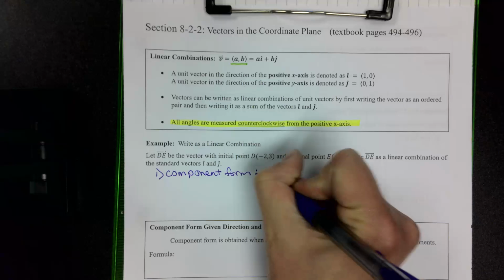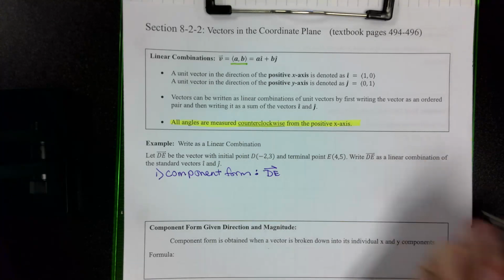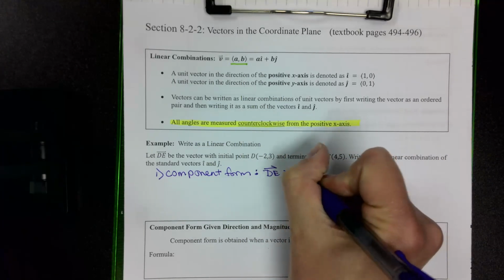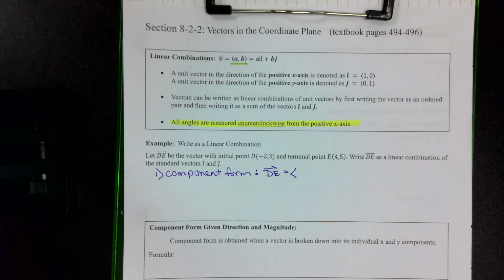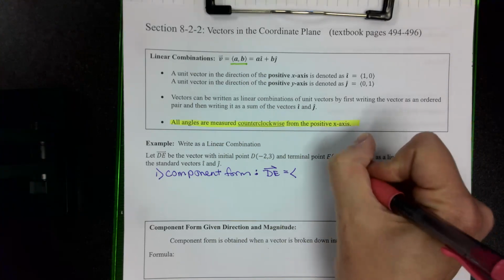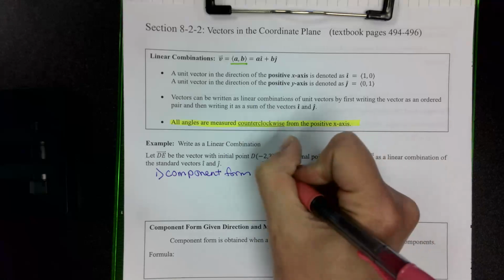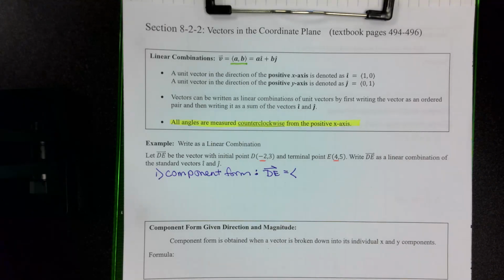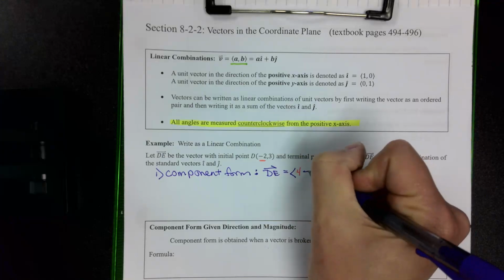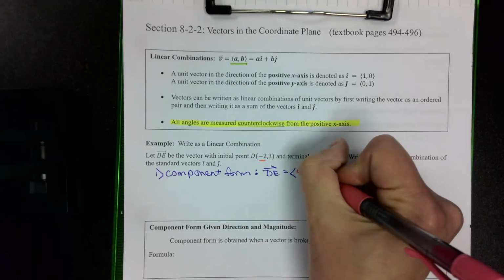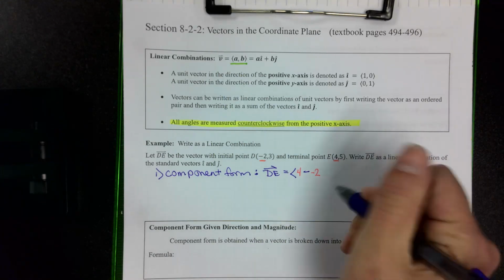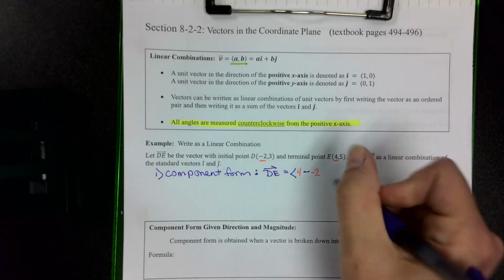So we're going to write vector DE equals, in component form, and we're going to take the x values, the final minus initial. The final one is 4 minus the initial, which is negative 2. That gives us the a of the vector.